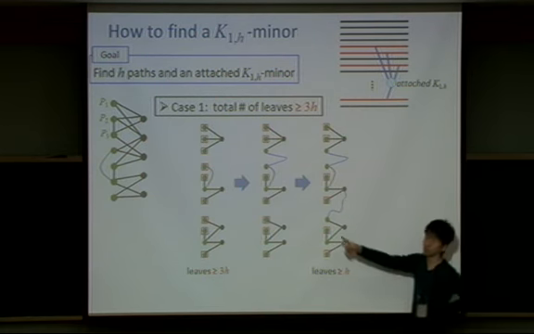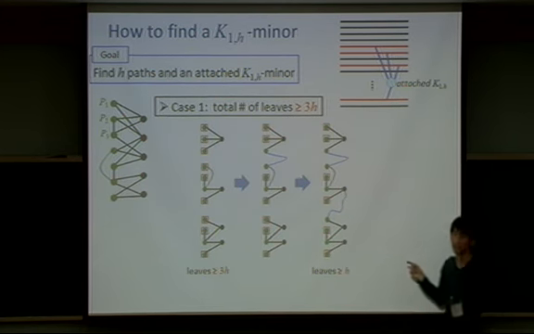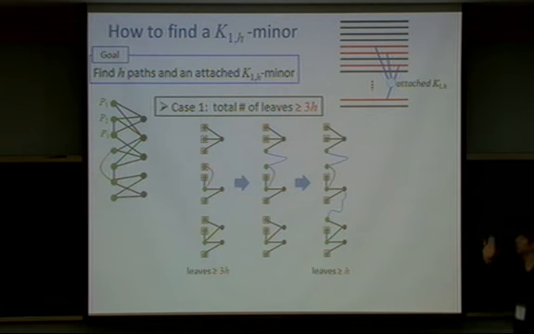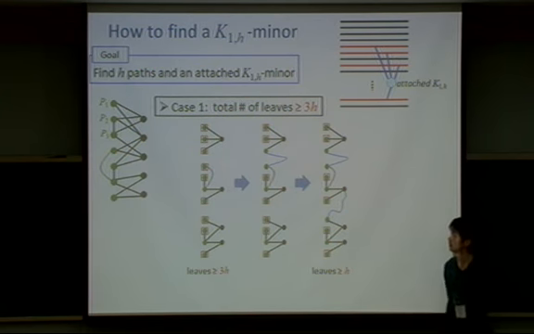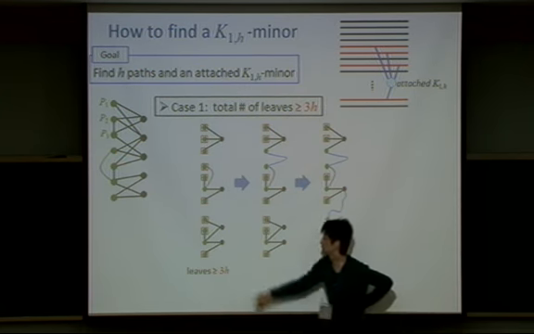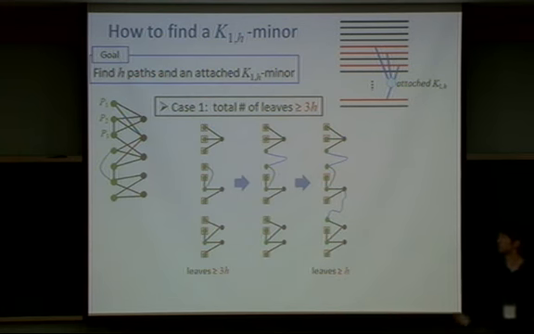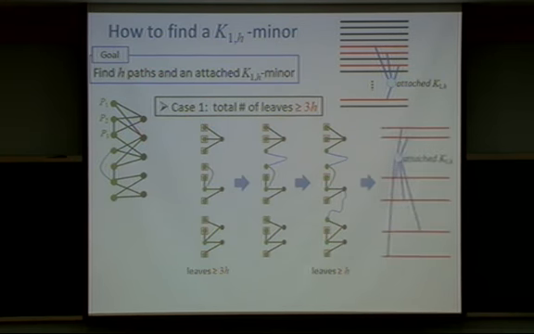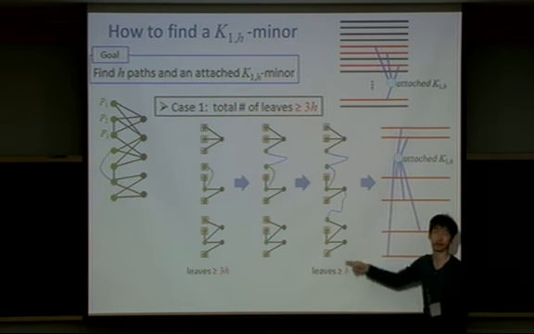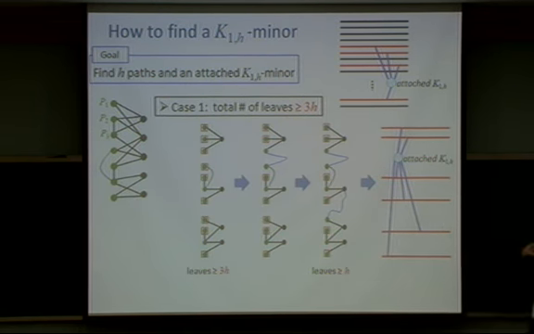By repeating this procedure, we have a large star minor, and the total number of leaves is at least H, because the original one contains at least 3H leaves. Then we can find the attached K1H and the H paths. And each path corresponds to a leaf of this minor. So in this case, we can find the attached K1H.